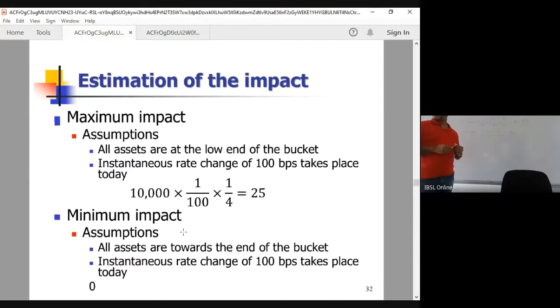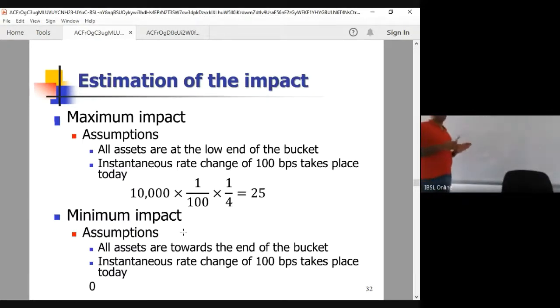So generally what happens is they look at it from a basis point. You look at it from 100 basis points is 1% basically. Generally people look at it, if interest rates increase or decrease, it happens in quarters, halves, and 1% generally.